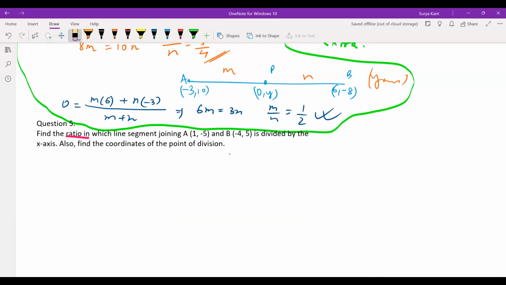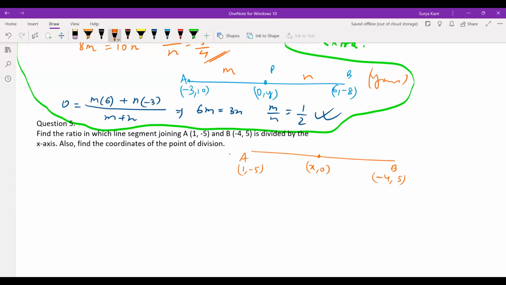I think you can do this one right now, correct? So make AB over here, A and B. So 1, -5, -4, 5, divided by x, 0.